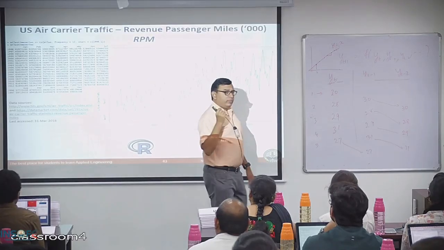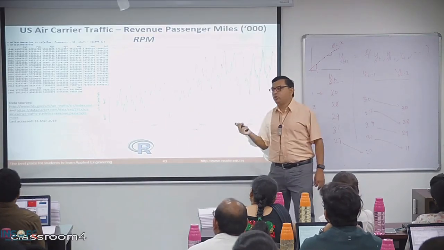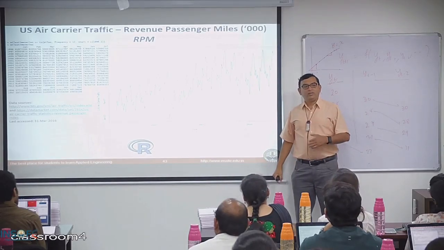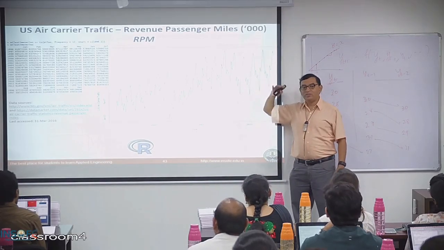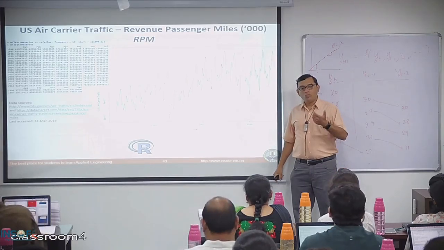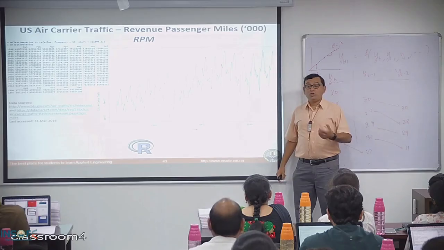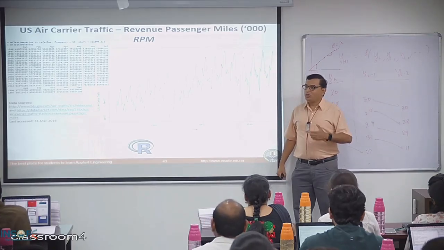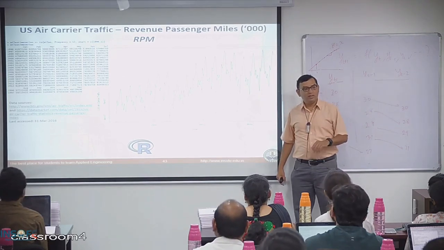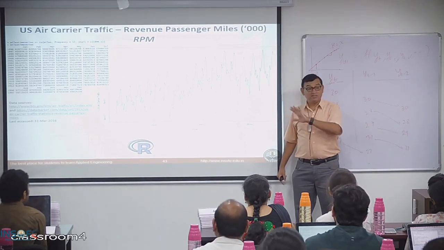This is an important number through which airlines measure their performance. So they talk about not just revenue, not just the number of passengers who have traveled in the plane in that particular year. They talk about revenue passenger miles.